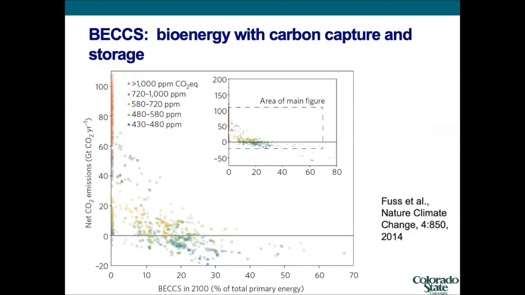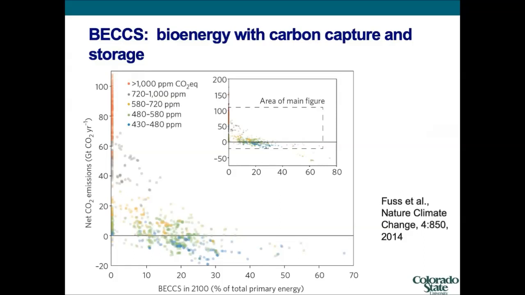If you even do, say, 10% of the total primary energy using that strategy, you can get into this reduction regime, into those green and blue dots, where you're actually on the good side of GHG emissions per year. And so the argument is, you can say, what about solar and wind?